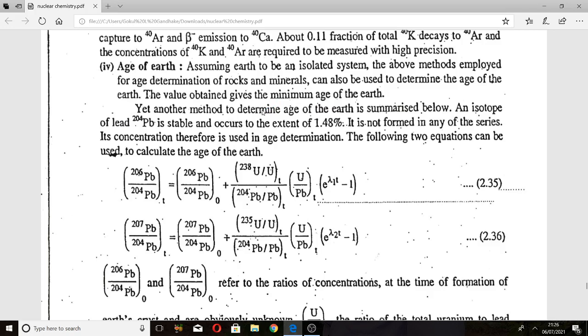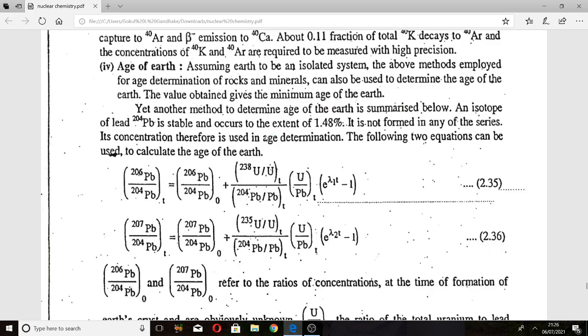Lead isotope 204 is stable and occurs to the extent of 1.48%. It is not found in any of the series. We have already seen the three series: the uranium series, actinium series and thorium series.